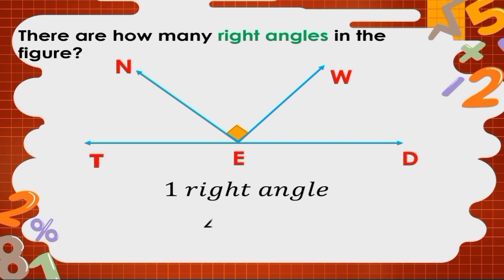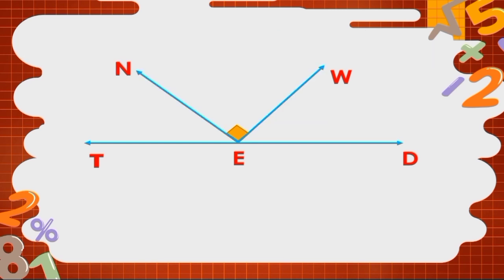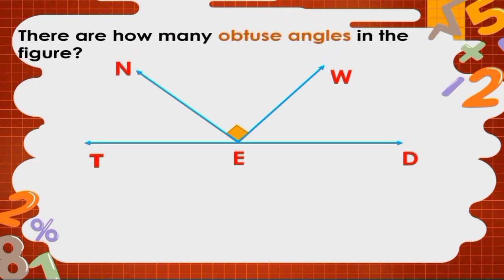Correct. There is only one right angle, and that is angle NEW or angle WEN. So, hindi natin siya pwedeng basahing angle E kasi marami po siyang kasamang angles.